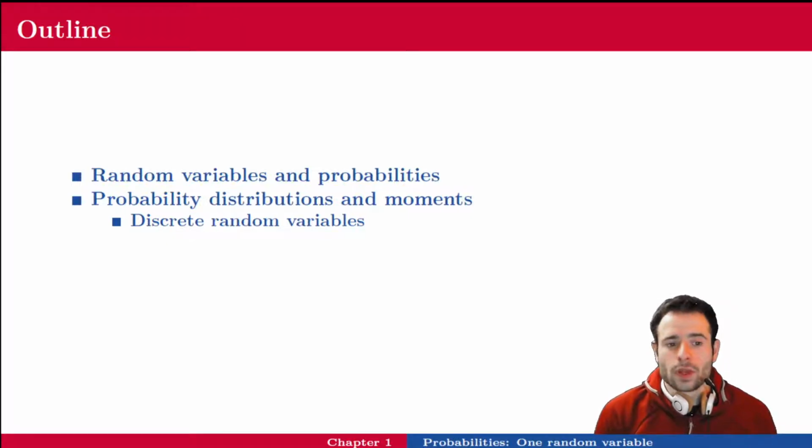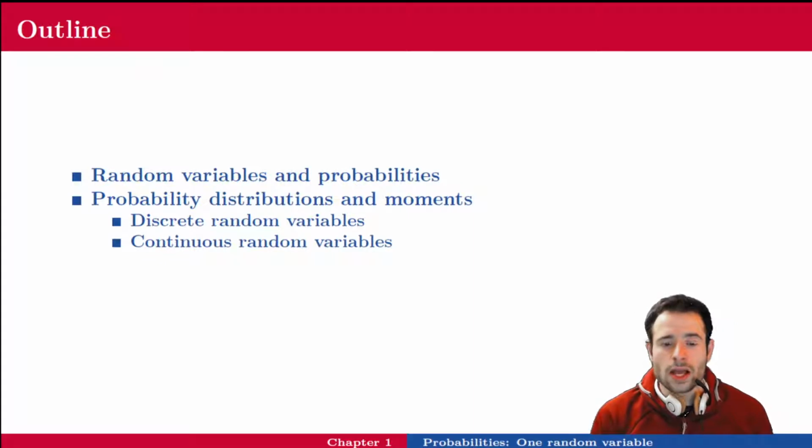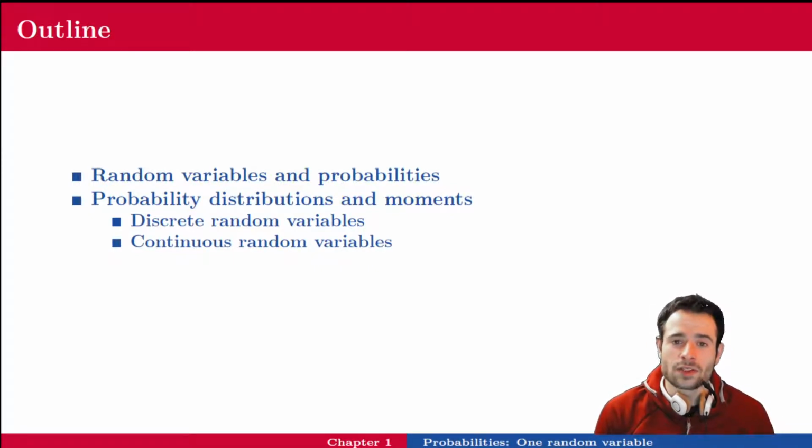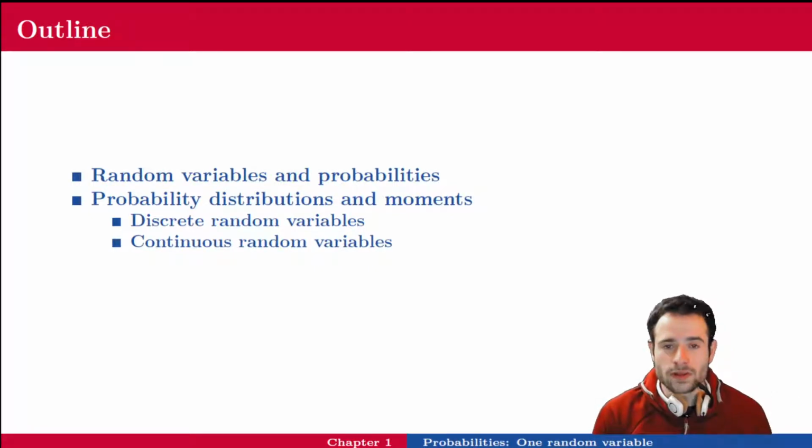I will cover different distributions and moments for discrete random variables, as well as continuous random variables. The concept of a probability is slightly different when we talk about a discrete random variable versus a continuous one.